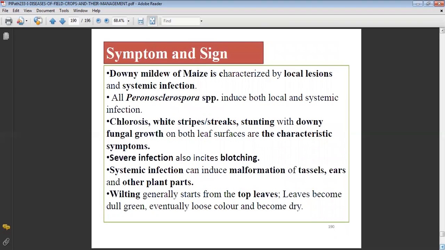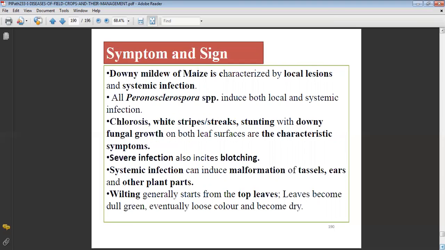Now, downy mildew is characterized by local lesions and systemic infection. All Peronosclerospora species induce both local and systemic infection. The symptoms are chlorosis, white streaks, stunting, and downy fungal growth on both leaf surfaces. Here, as you all have studied, downy describes the type of fungal growth, not the place of growth.